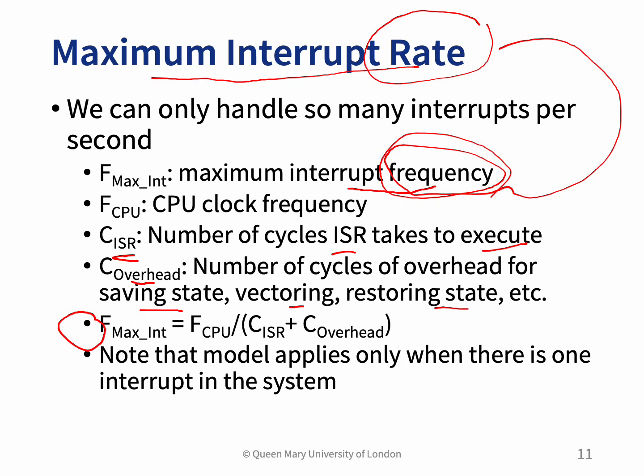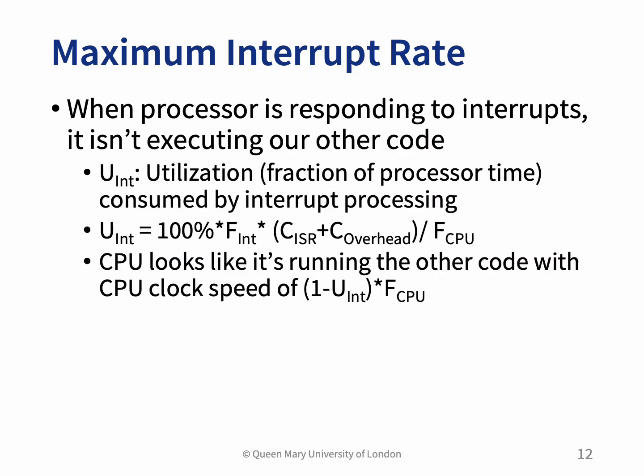Note that the model only applies when there is one interrupt in the system. Another thing to note is that when the processor is responding to interrupts, it is not executing the other code or the other part of the program, right? So that's very important.